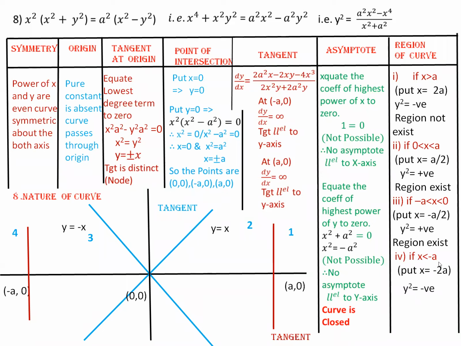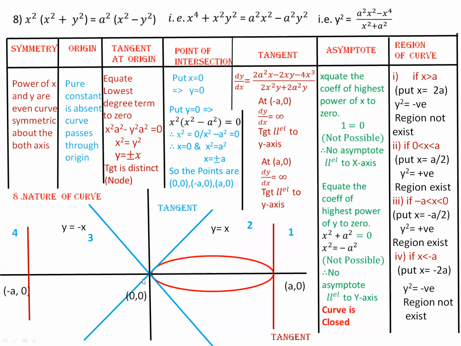And if x is less than minus a, beyond this, meaning in the fourth area, whichever I have shown as 1, 2, 3, 4 areas. So in the fourth area, or in this area, the curve doesn't exist. And finally, we are getting the shape of this curve. Look at this.